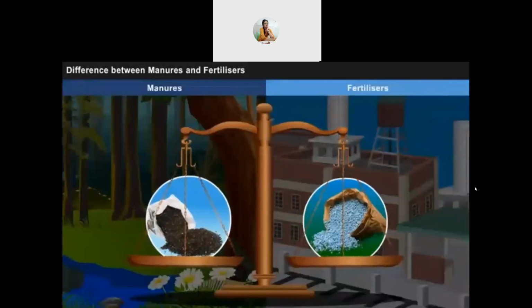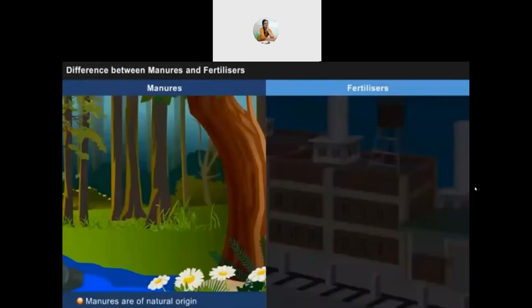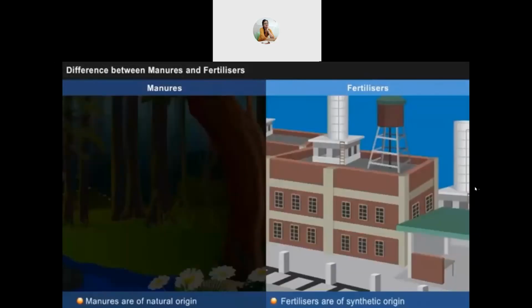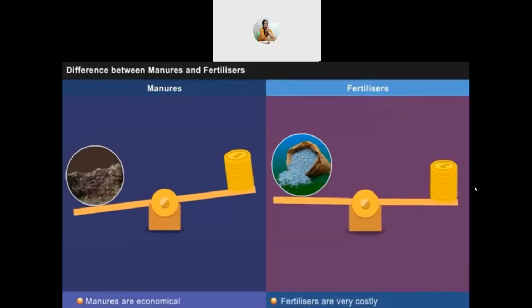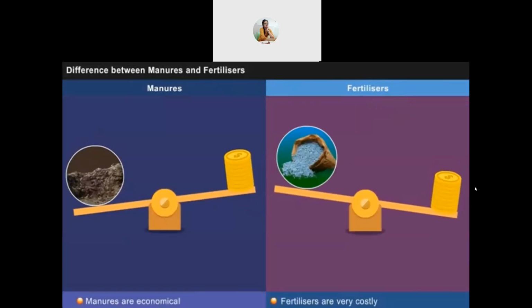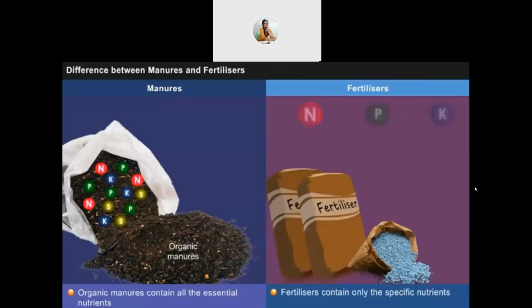Some of the major differences between manures and fertilizers are: manures are of natural origin, whereas the fertilizers are of synthetic origin. Manures are economical, whereas fertilizers are very costly. Organic manures contain all the essential nutrients, whereas fertilizers contain only the specific nutrients.